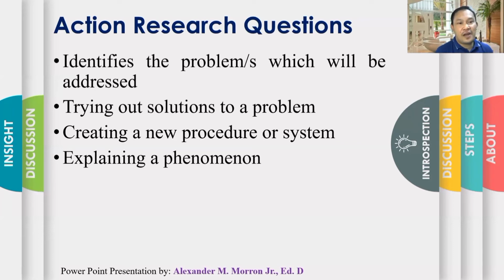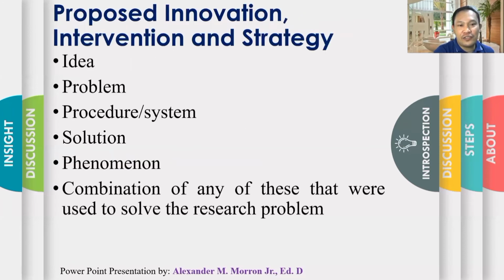Therefore, when we are writing our action research questions, similar with the statement of the problem, and then the proposed innovation, intervention, and strategies, you have to tell the idea about what the innovation, the intervention, or the strategy is all about that makes it a tangible solution to the current problem.